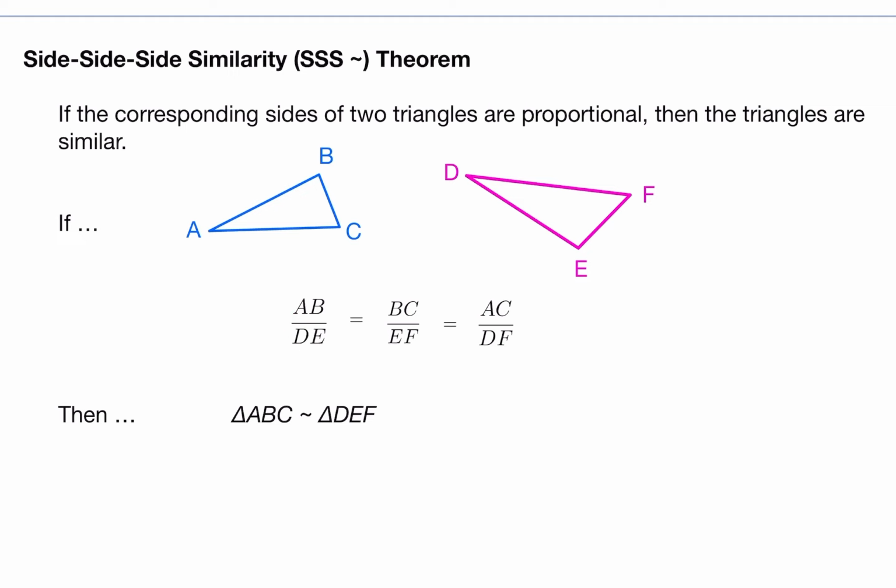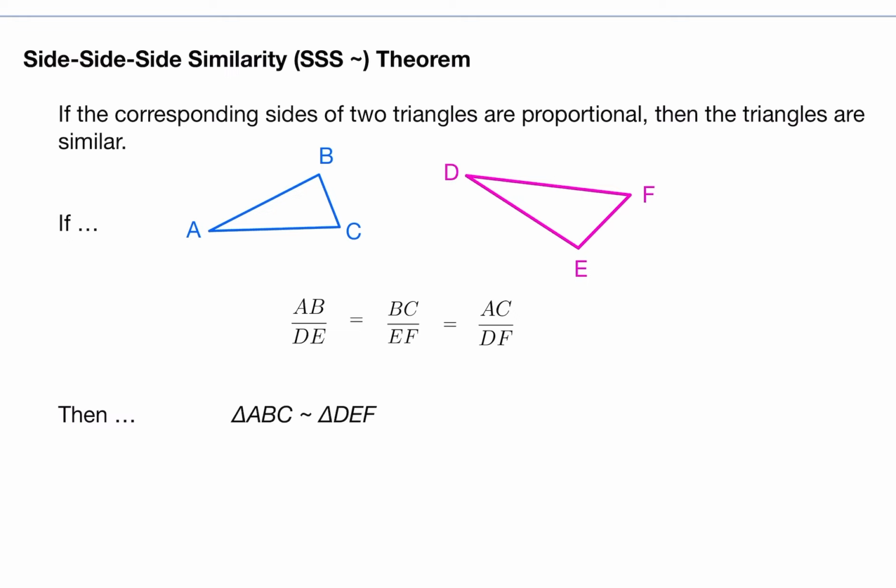So that's the first proportion. The next proportion is side BC, okay, and that happens to be the second and third letter of this triangle, and so we have to compare that to the second and third letter of the second triangle, and so that becomes EF, and that happens to be this side of the triangle.